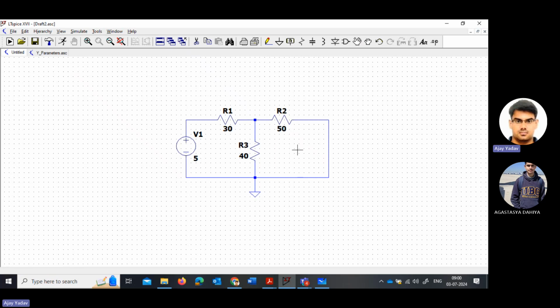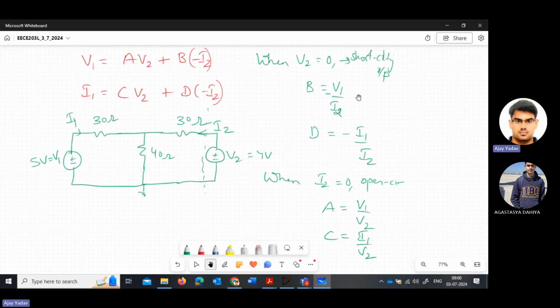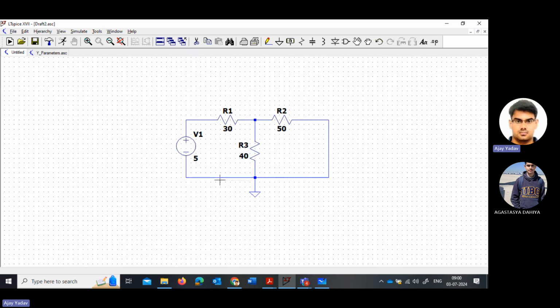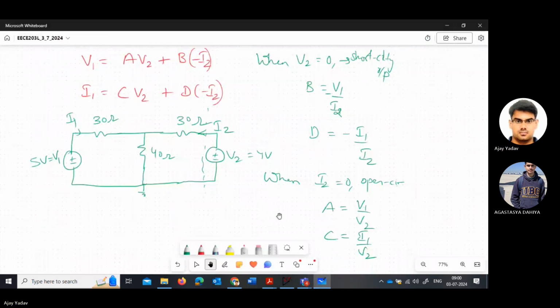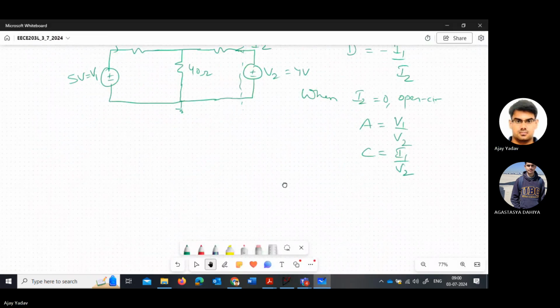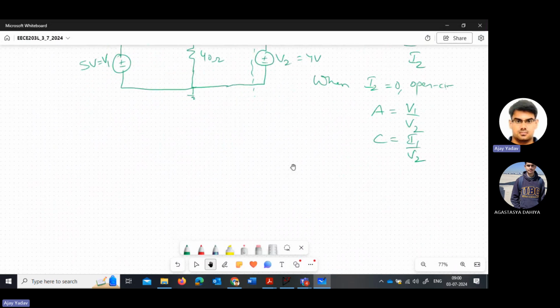So here, when you are short circuiting the output, what is your B? It is V1 by I2, right? So first of all, you should know the value of V1. V1 is 5 volt.